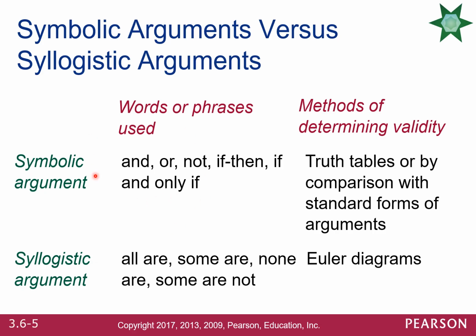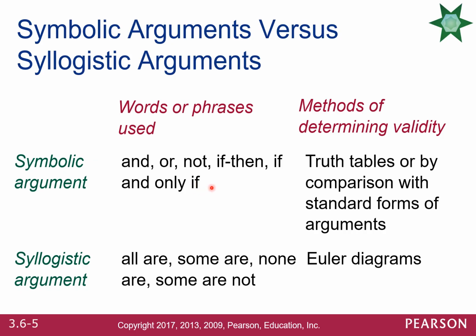Now let's do a quick comparison of symbolic arguments and syllogistic arguments. In symbolic arguments, we saw the statements contained words and phrases like and, which was the conjunction, then or, it was disjunction, not, negation, if then was the conditional statements, and if and only if were the biconditional statements, and then many of the compound statements were a combination of these words and phrases.